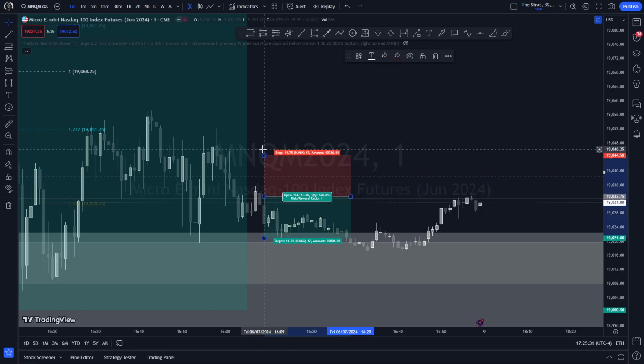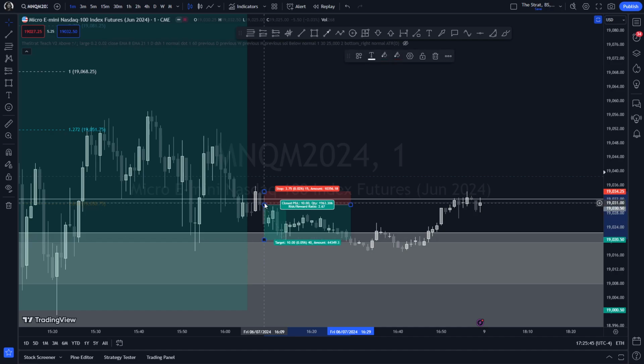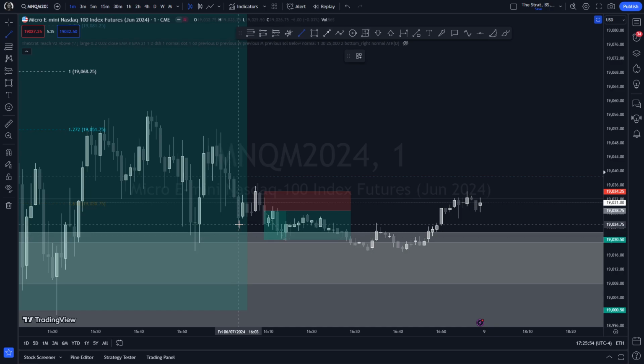If you want to do a fast trade, this would have been your stop. Actually, I'm sorry, this would have been your entry, and then you're just targeting previous wicks.